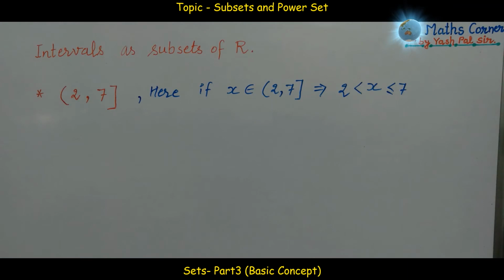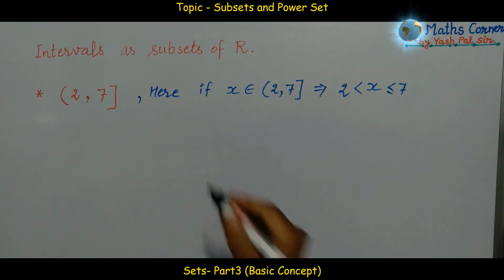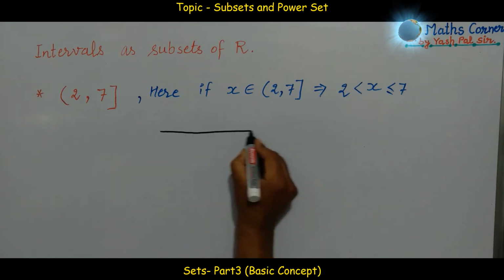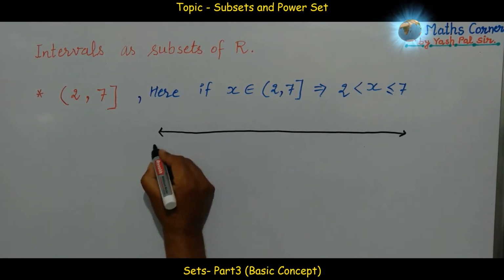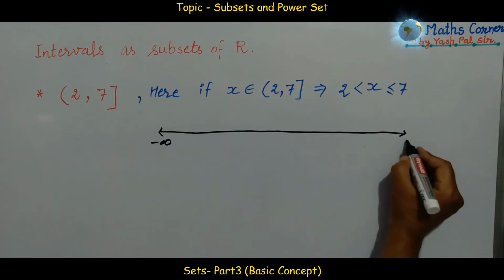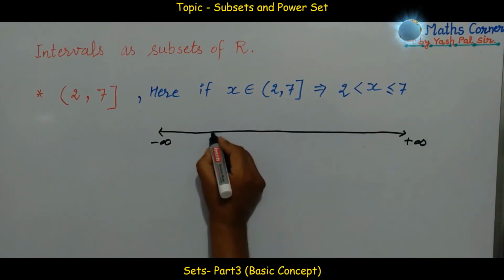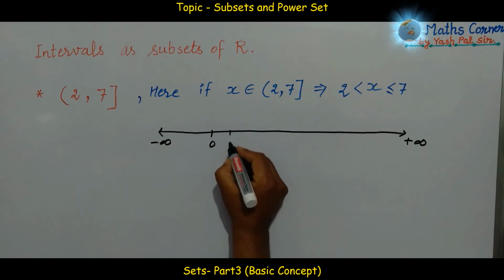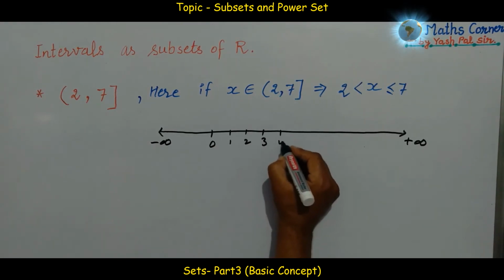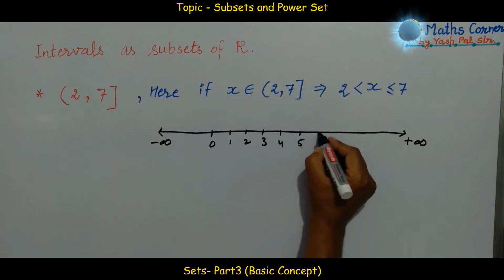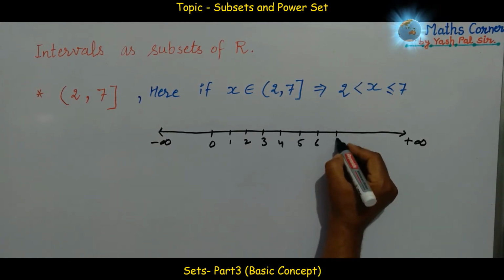Okay, on a number line, how to write? Suppose we have the number line this way, minus infinity to plus infinity. Here suppose this is 0, 1, 2, 3, 4, 5, 6, 7, right?